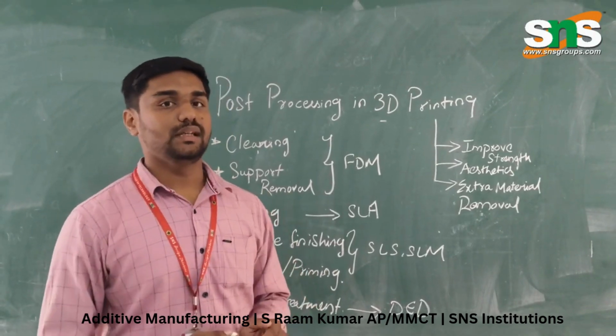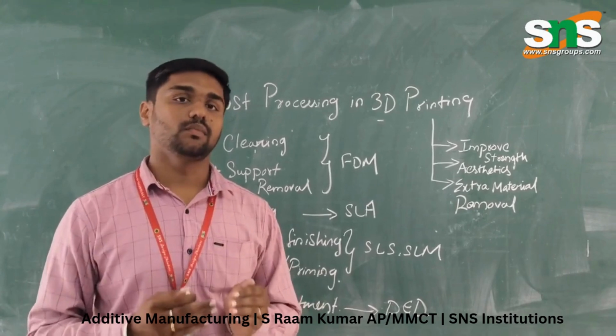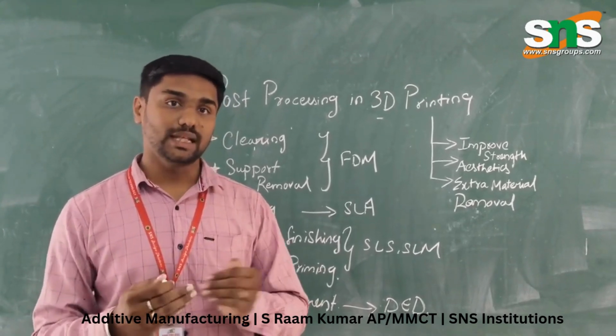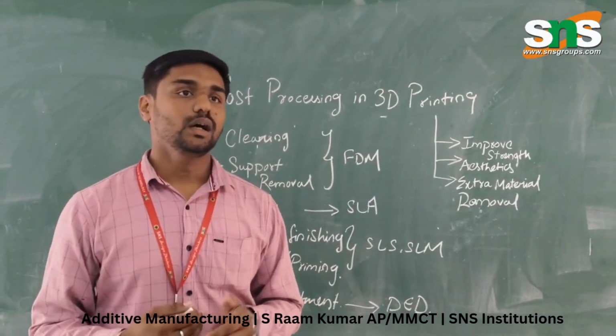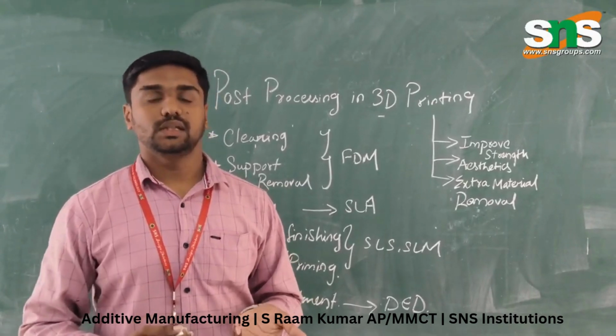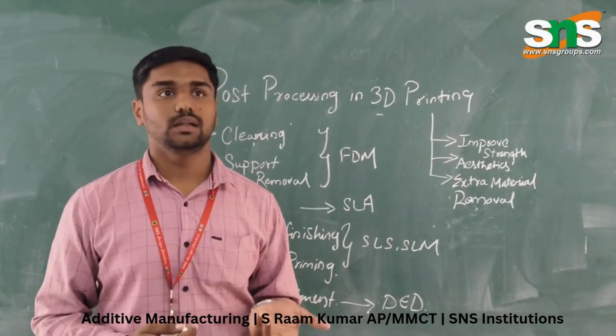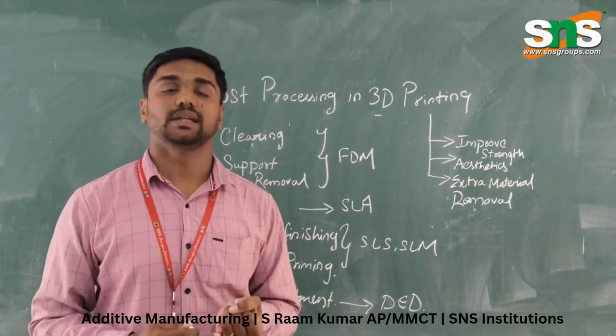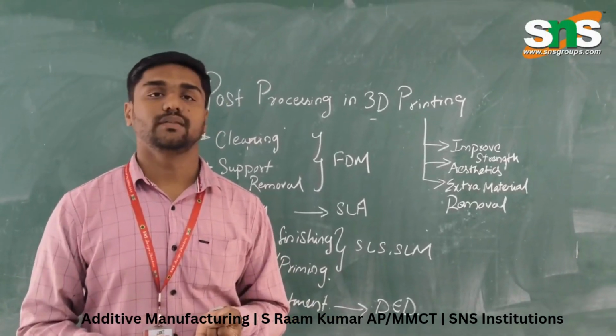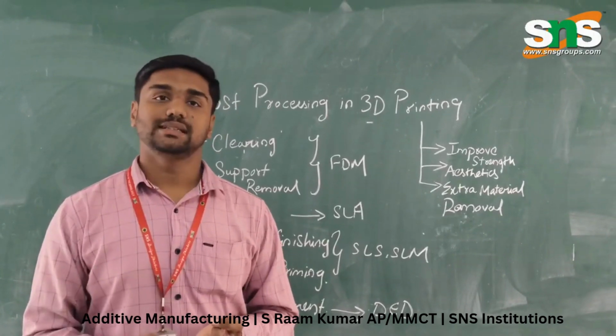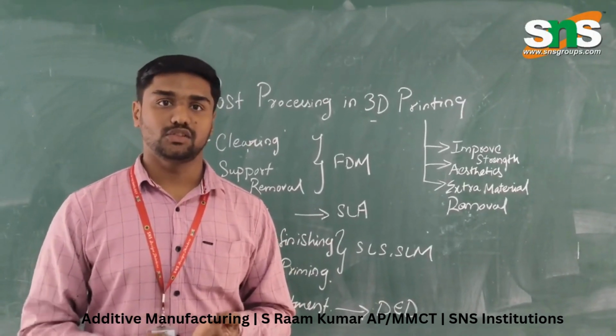But in additive manufacturing, we are going to explain how the product is produced with a limited number of stages. For producing a product using the injection molding method, the raw material confirmation, raw material validation, the injection molding machine, the tool and die, the material pre-processing, and also post-processing have to be carried out.